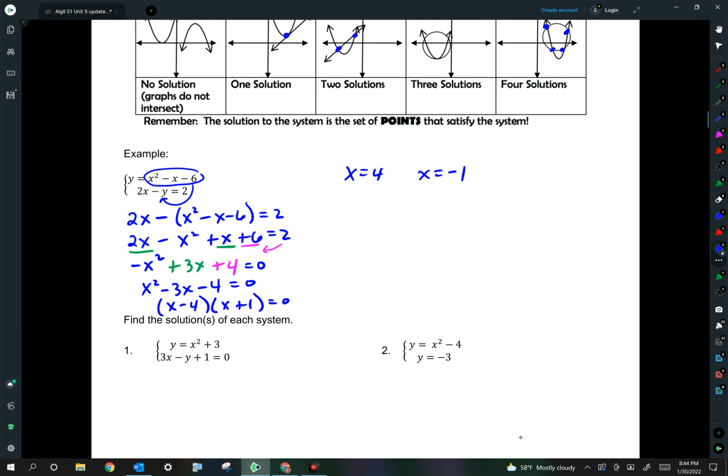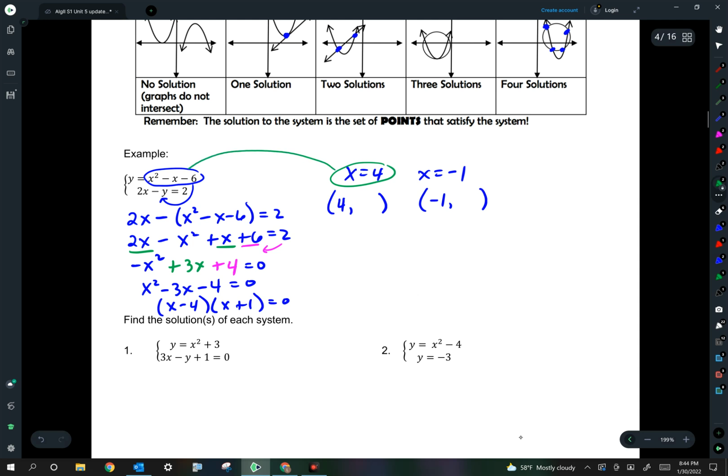What that means is I have one point of intersection that is 4 comma something, and another point of intersection that is -1 comma something. And so remember, just like we've done when we use the substitution method, once I get one answer, I need to substitute that back in so I can find the other.